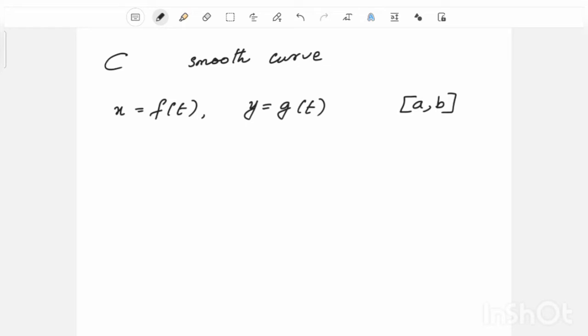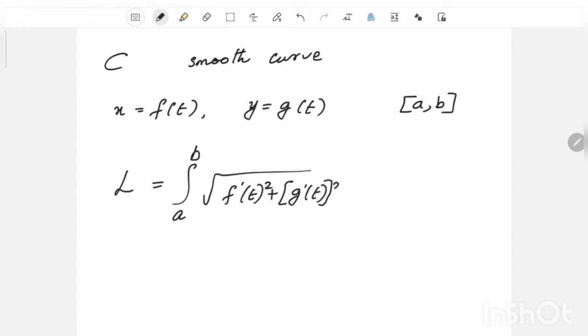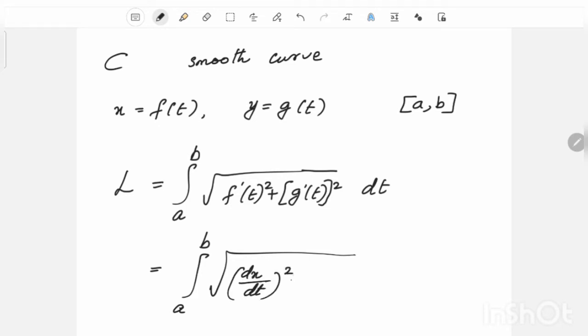If phi does not intersect itself except possibly for t is equal to a and t is equal to b, then the length of phi is given by L is equal to the integral from a to b of root of f dash of t the whole square plus g dash of t the whole square dt, which is equal to the integral from a to b of root of (dx by dt) the whole square plus (dy by dt) the whole square dt.